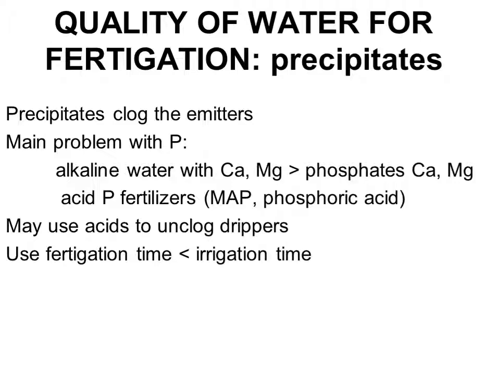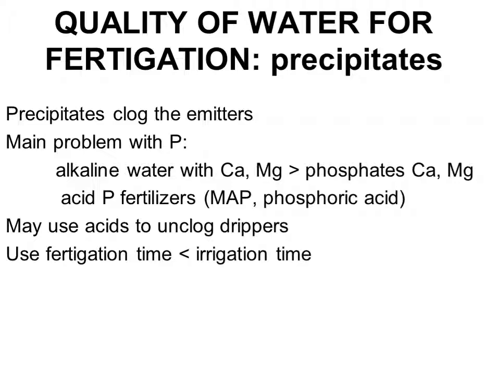The problem with phosphorus will occur in alkaline waters with calcium and magnesium because of the production of phosphates of calcium and magnesium, and that requires the use of acid phosphorus fertilizers. We have already mentioned phosphoric acid and monoammonium phosphate.